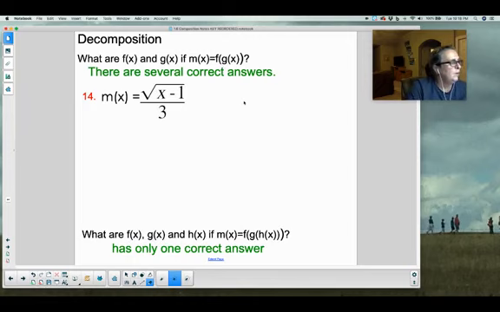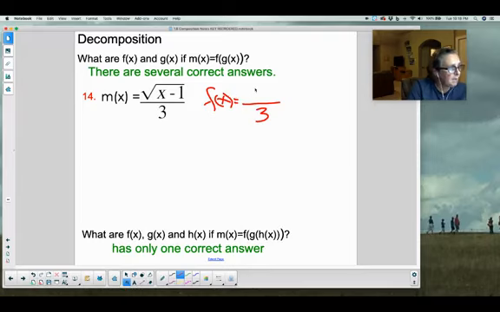Right, when I look at this, I'm seeing a fraction with some ugly lump being divided by 3. So whatever's on the outside, it's telling me that on the outside I've got f, something being divided by 3. That's what I'm seeing from the outside looking in. So my f of x is going to be my something, my input.